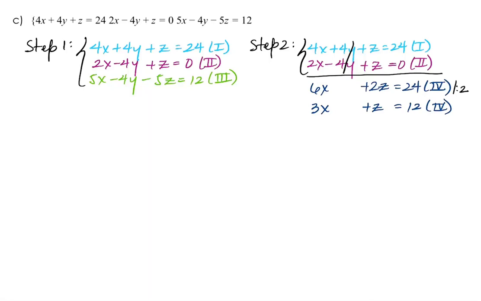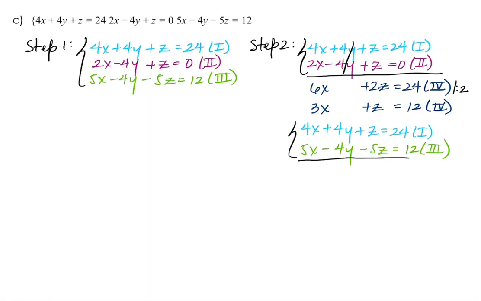Now we'll do exactly what we did, but instead of with equations 1 and 2, with equations 1 and 3. Now that we have done that, we can eliminate our y's, and what's left of these equations is 9x minus 4z equals 36, and that will be equation number 5. Our next step is to eliminate z by using equations 4 and 5.